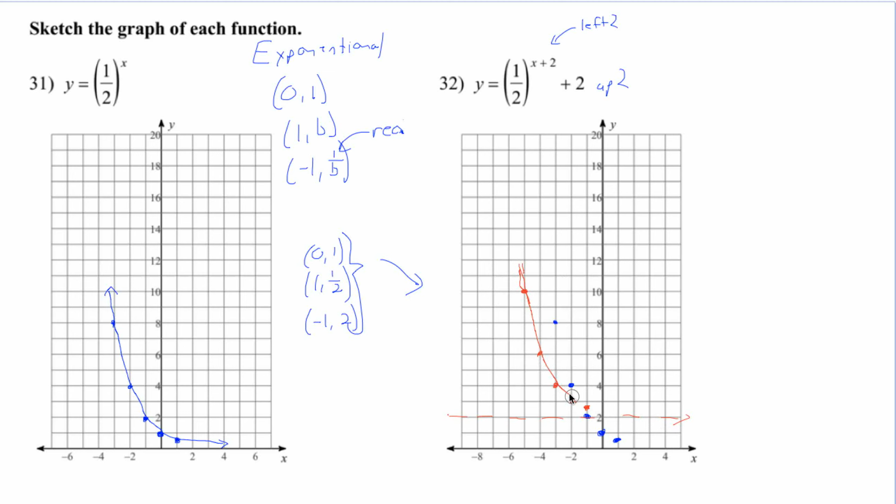It's going to have a horizontal asymptote, getting closer and closer to that line but never reaching it. Still a pretty sorry looking graph, but the important points are there for you. Graph the points of the parent function, and then shift as necessary.